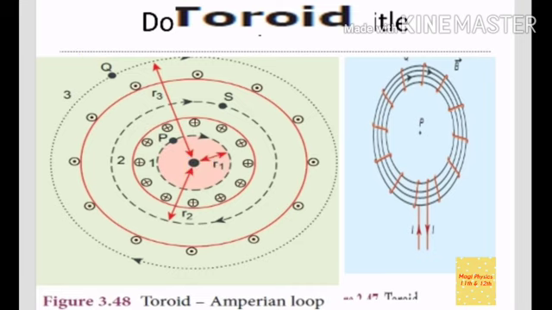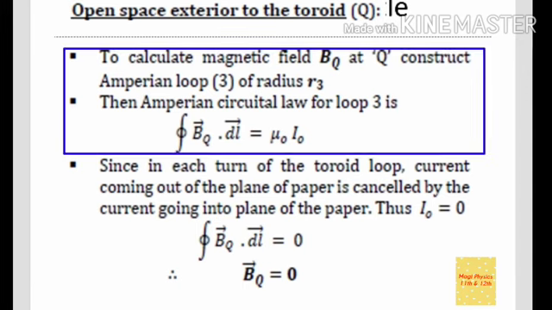Next we have to examine the magnetic field outside the toroid. In order to calculate the magnetic field at any point, let us imagine a point Q which is lying outside the toroid. We have to consider an Amperian loop of radius R3. We apply the Ampere circuital law for this loop 3, which can be written as closed integral BQ vector dot dl vector is equal to mu naught into I naught.